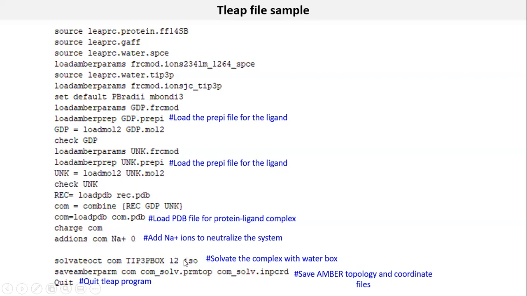This is the dimension of the box and the type of the box, and this is the water molecule we are going to use. This tells Amber to please create a box in that shape and size, and fill it with this type of water molecule.